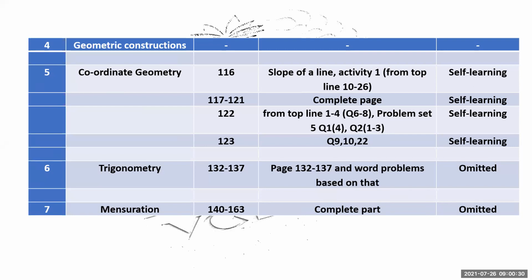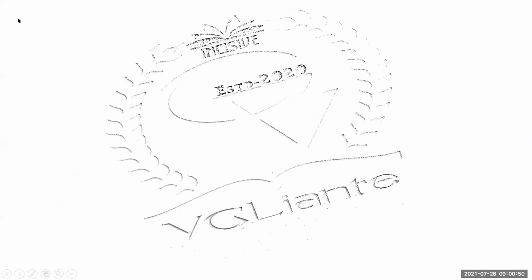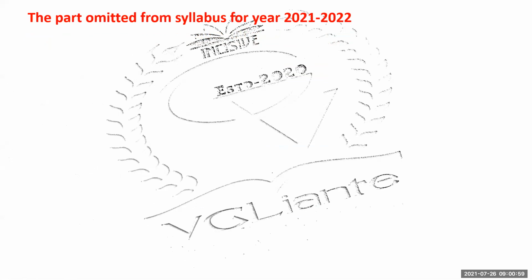Now we'll move ahead. So all the students have understood whatever syllabus has been reduced. Now you can plan your studies according to this syllabus. You all can go ahead with this reduced syllabus and plan how to study this year, because again this year, because of corona, the chances of physical classes will be a bit less.